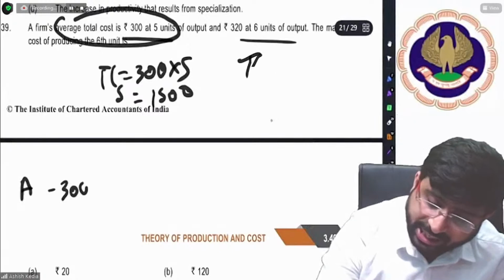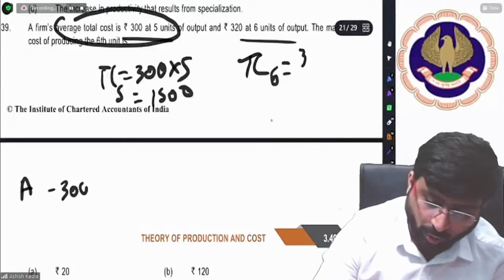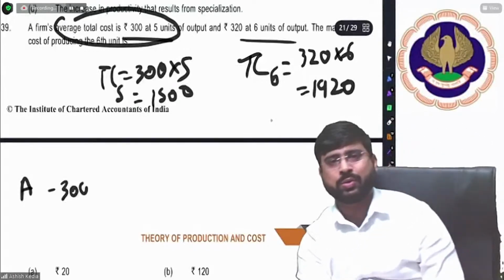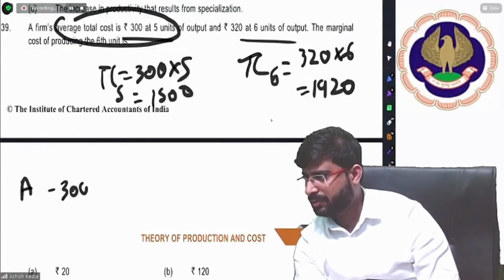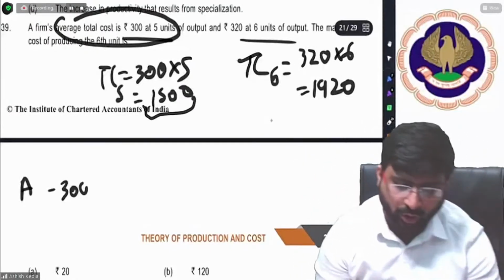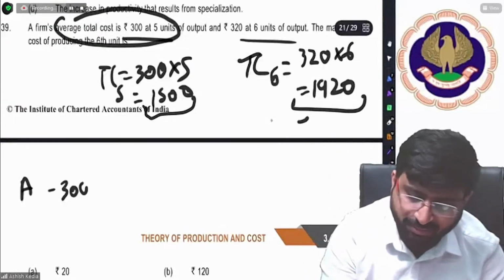Again, total cost at the 6th unit will be how much? 320 into 6, which gives you 1920. So if total cost goes from 1500 to 1920, how much is it changing by?